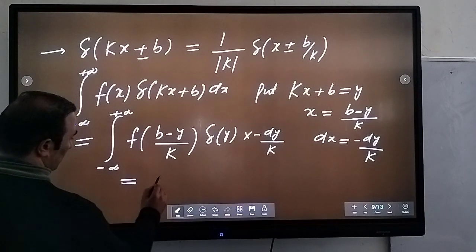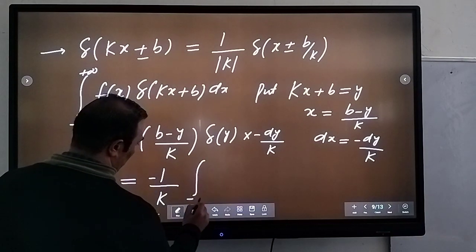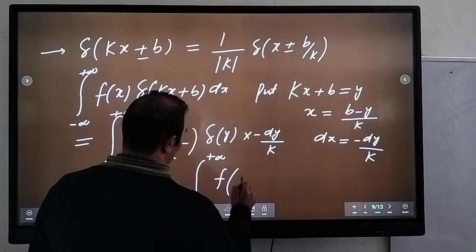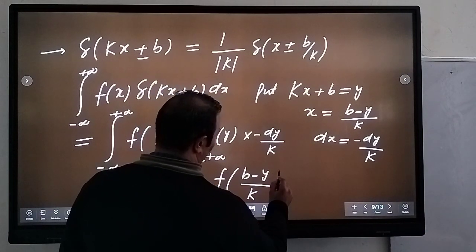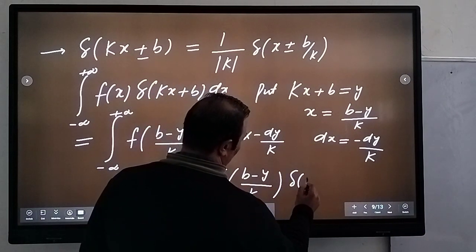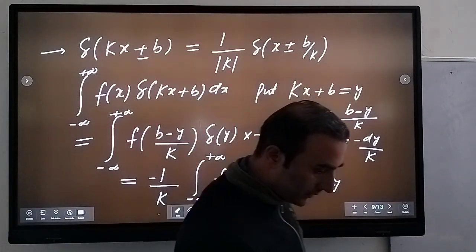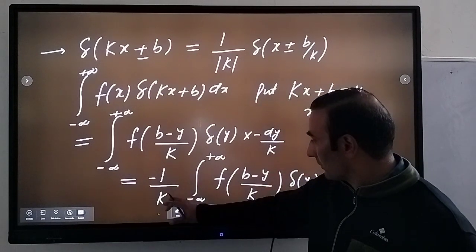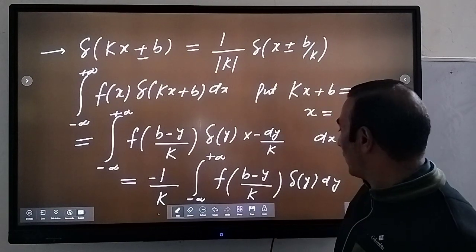This is equal to 1 by k times the integral with limits from minus infinity to plus infinity. Here, I simply took 1 by k out, and the rest remains the same, that's f of (y minus b) by k.